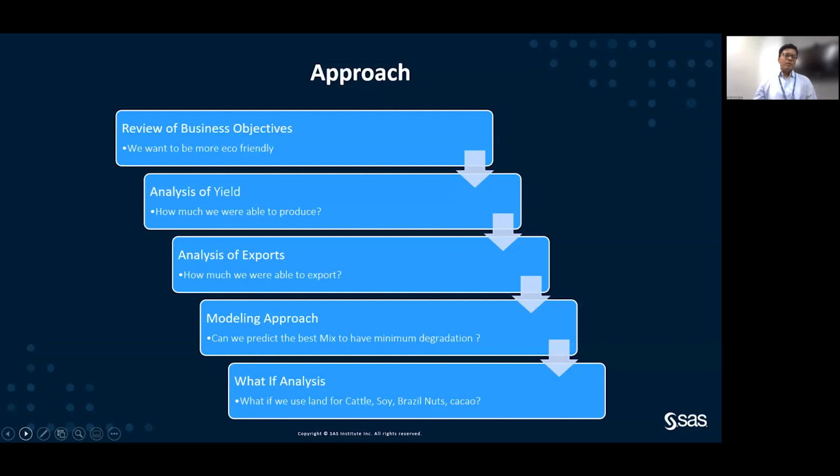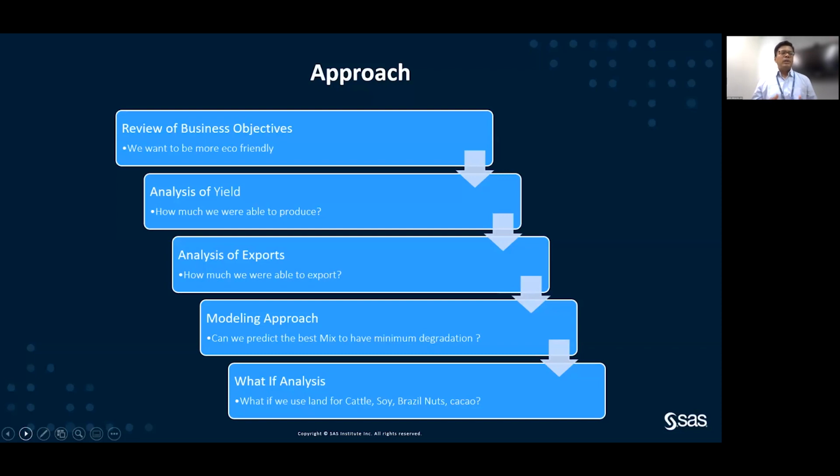Because if we export, then we are going to generate revenues out of it, and that's why the export analysis also becomes very important. And we studied that for all the crops or all the patterns that were there in that data. And after studying the exports, then we try to build the model.